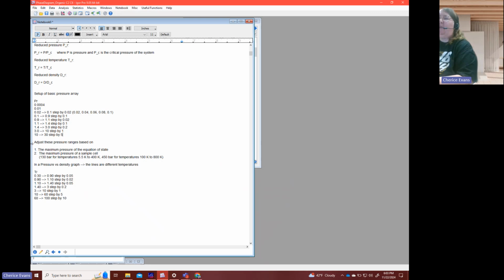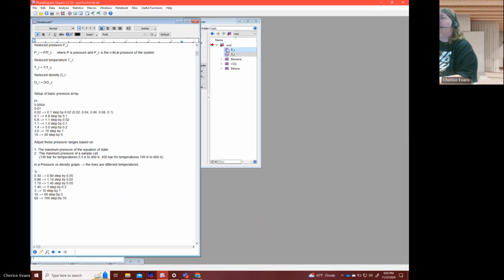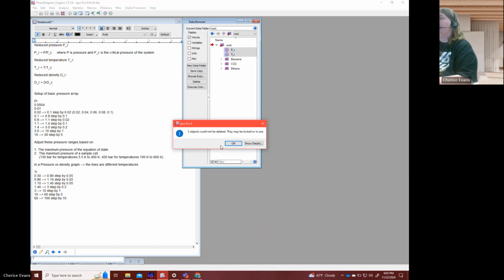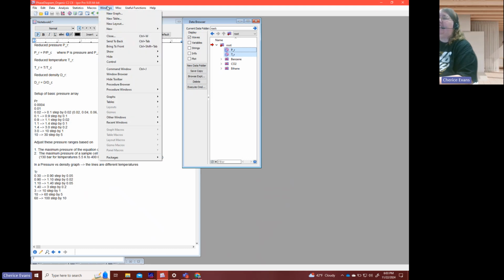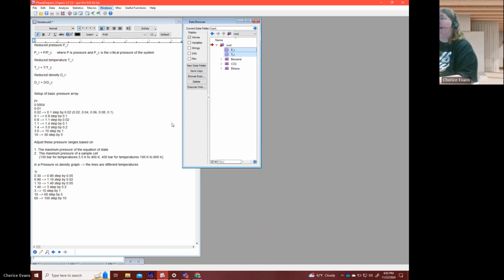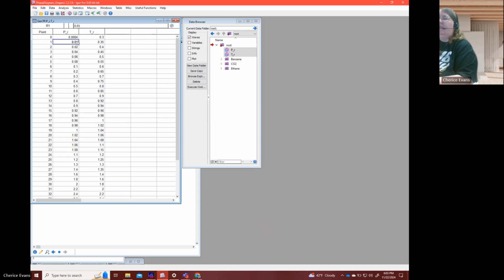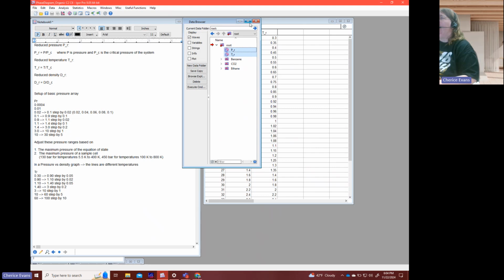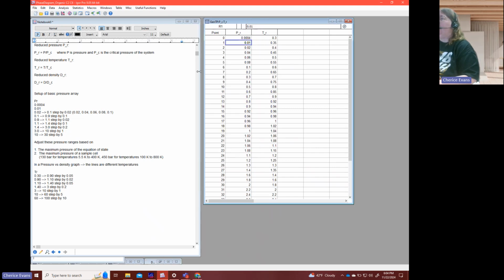Okay, so how do we now make these pressure waves in terms of an Igor array? I've already got these in a table. So you basically create a table and you type them in. Now I'm going to check and make sure that since I just made some changes, my array reflects the changes that I just talked you through.